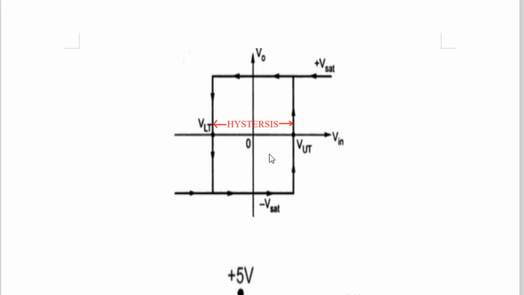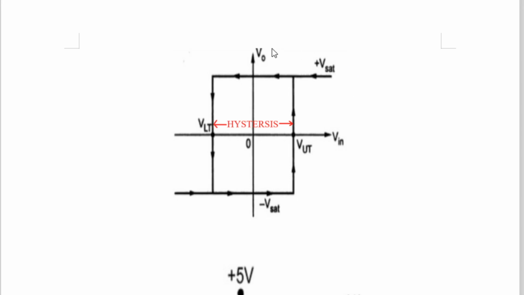But hysteresis has voltage on the y-axis and voltage on the x-axis as well. So what is on the y-axis? The output voltage of the op-amp, either plus Vsat, that is plus VCC, or minus Vsat, that is minus VEE. So it has only two values, plus VCC and minus VEE.